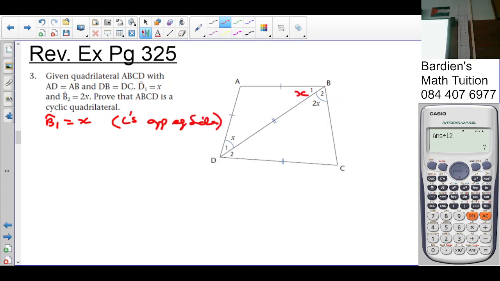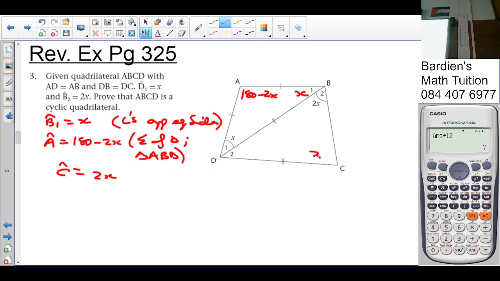So we say then that angle A is going to be 180 minus 2x. Why? Sum of angles in a triangle, and it's triangle ABD. So I just need this angle here. So angle C is 2x. Why? Again, angles opposite equal sides.